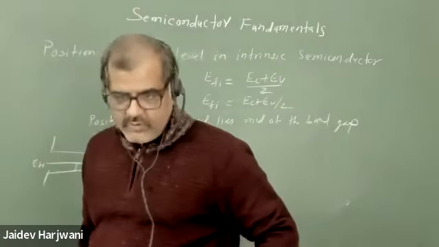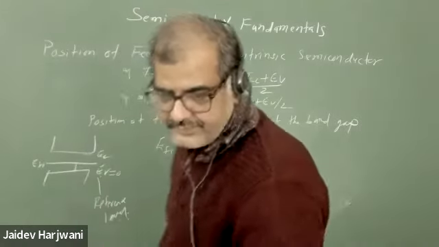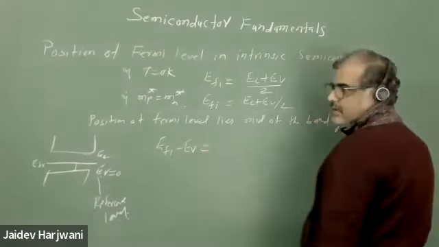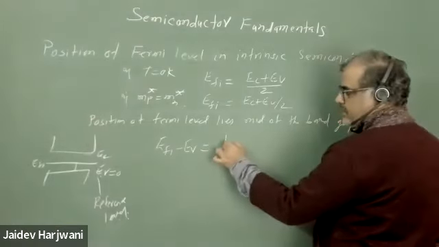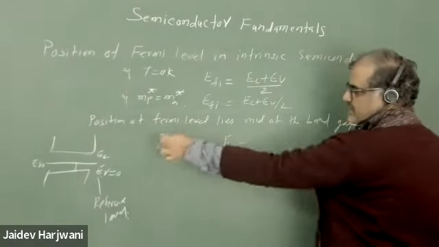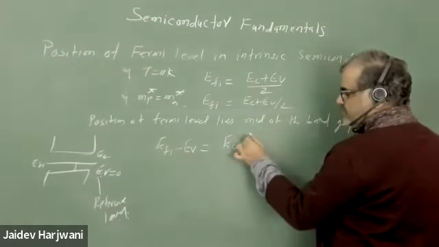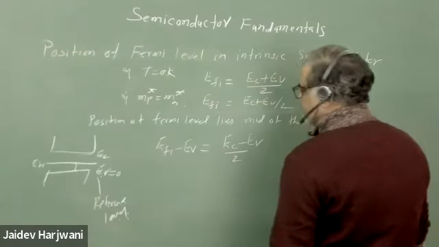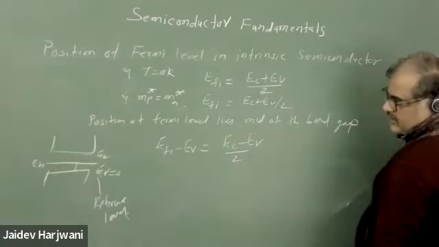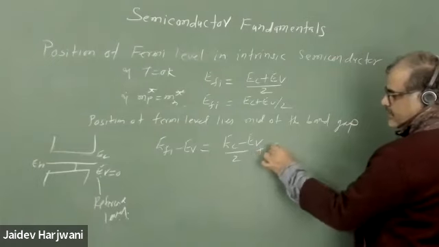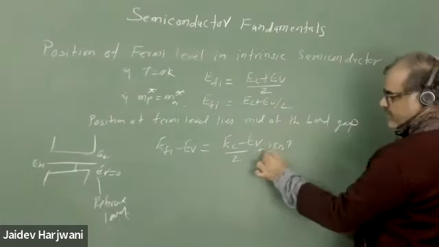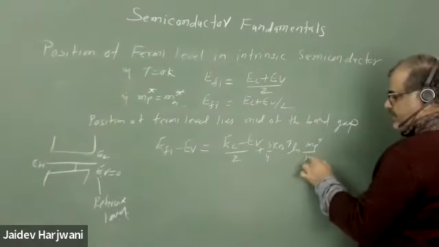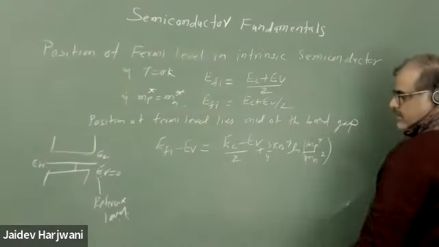So if I calculate EFi minus EV, that comes out as EC minus EV by 2 plus 3/4 kBT ln MP star upon Mn star.